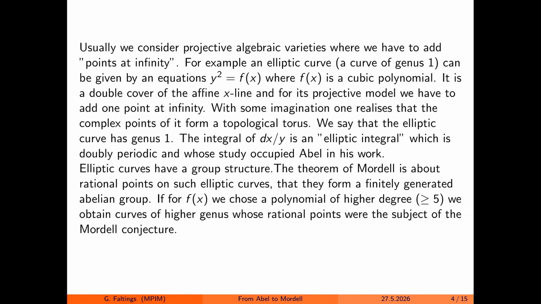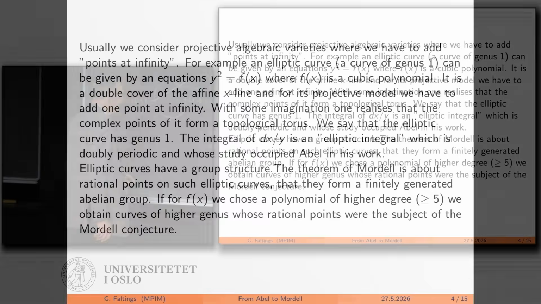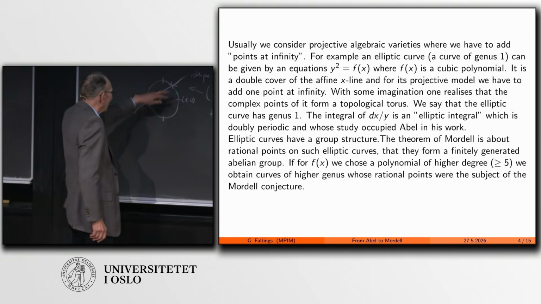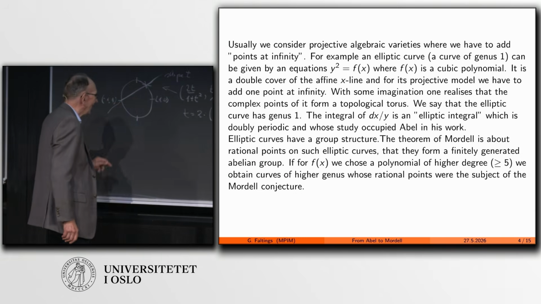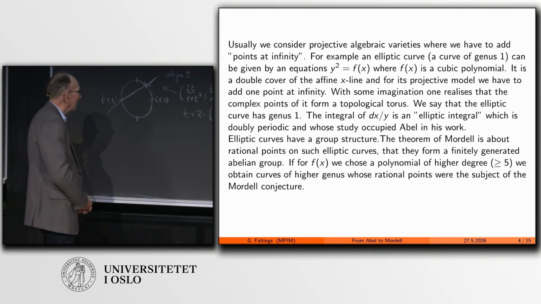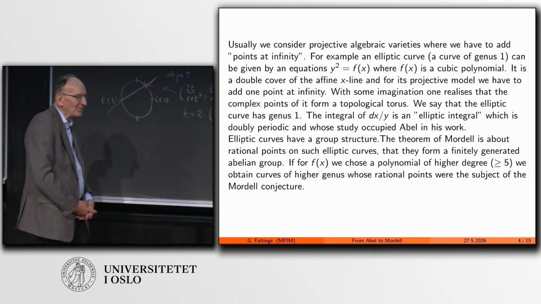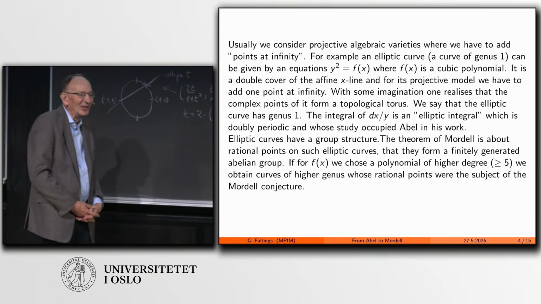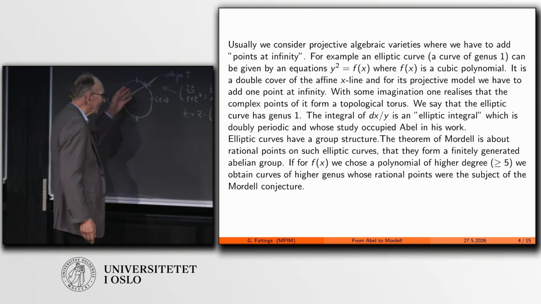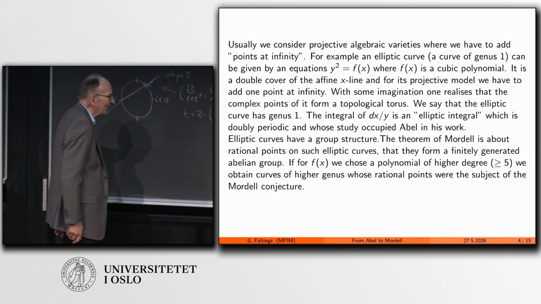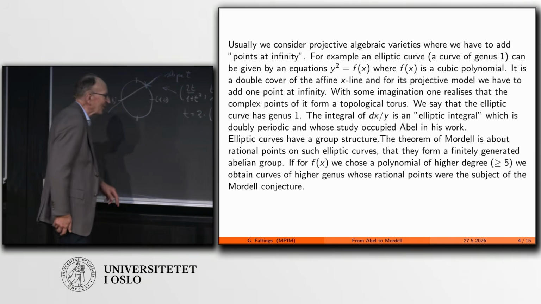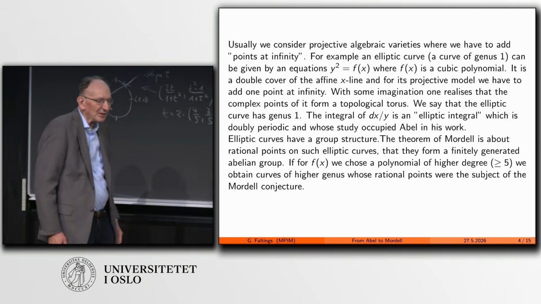Well, one point is this picture is misleading. These are the real points, but we should look at the complex points. But then this is more difficult, because the real points lie in the two-dimensional plane, and the complex points would have to lie in the complex two-dimensional plane, which is four-dimensional. And so even here you have only three dimensions, and maybe you can take the time as a fourth dimension, but it's difficult.